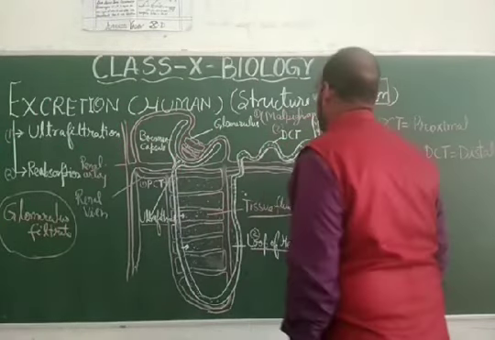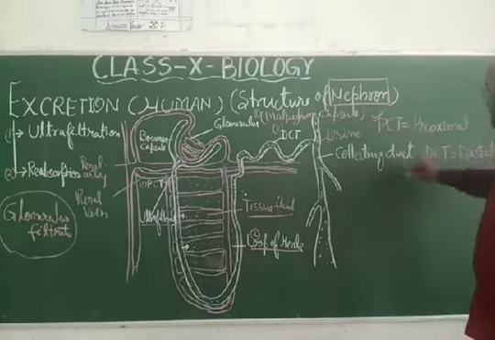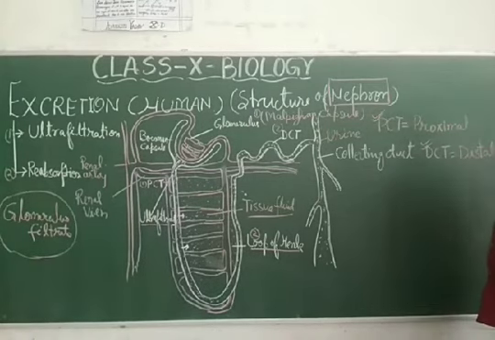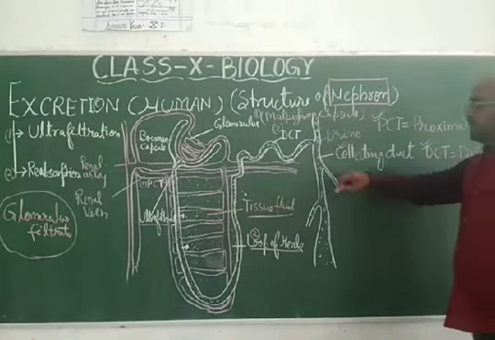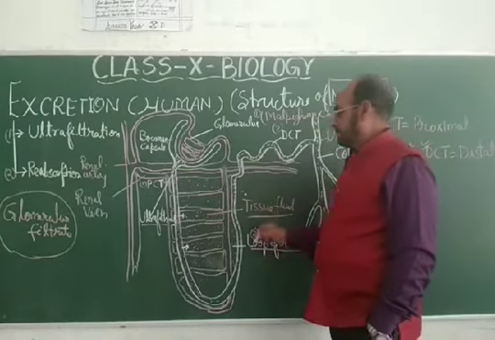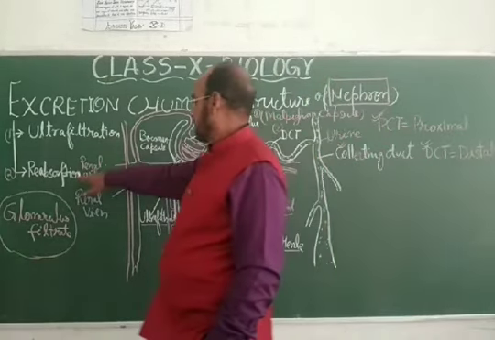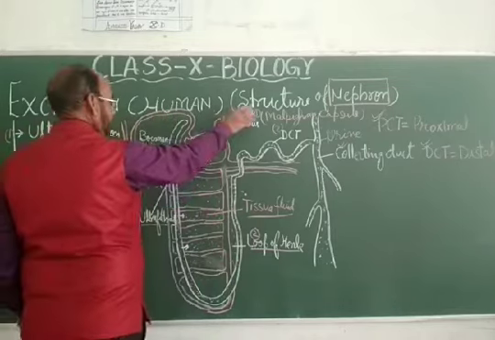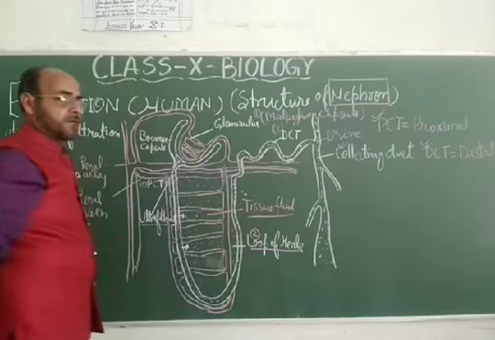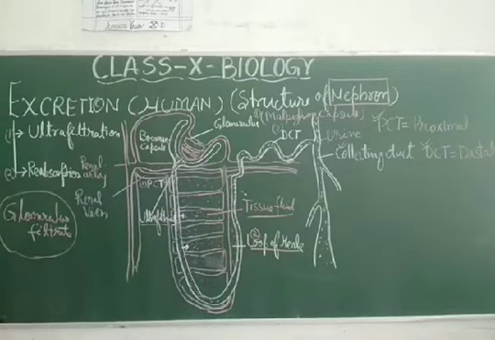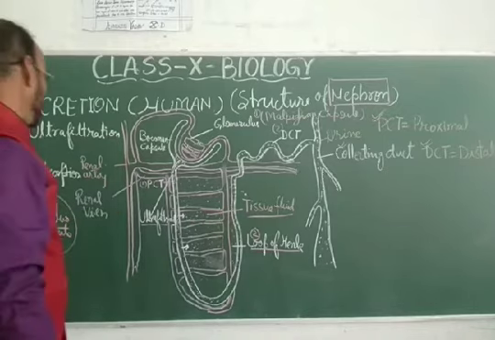So dear students, you have to remember the proximal and distal end, the collecting duct, this DCT, the process of reabsorption, and the Malpighian capsule where the process of ultrafiltration takes place. These are the key points that you have to remember.